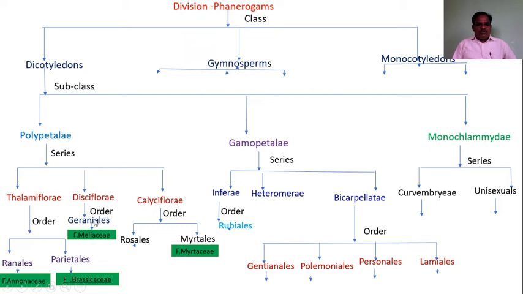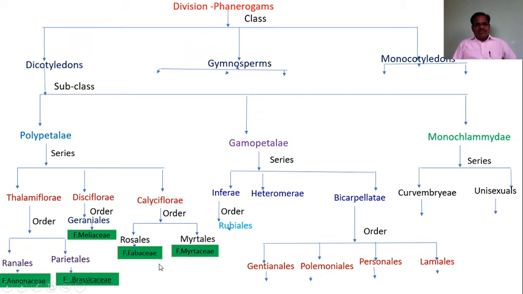Then one more thing, Geraniales have the family Meliaceae, which has tricarpellary ovary. One more thing, alternate type of leaves are there, many stamens are there. These are the characters of this family. Then one more thing, the Rosales have the family Fabaceae, or the old family known as Leguminosae, or new name Fabaceae.